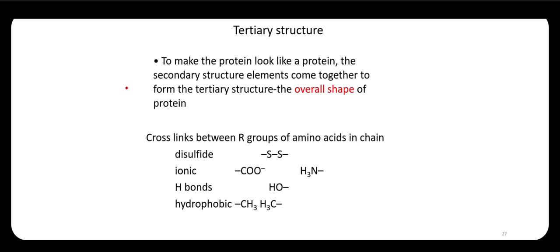Yes, but overall 3-dimensional. Once we have the whole protein together, what kind of shape are we forming? And a lot of this shape comes from cross-links between the R groups. So we go back to, say, our alpha helix, we've got the R group sticking out. You remember steric hindrance, everything wants to be spread out and have lots of elbow room, so let them stick out.